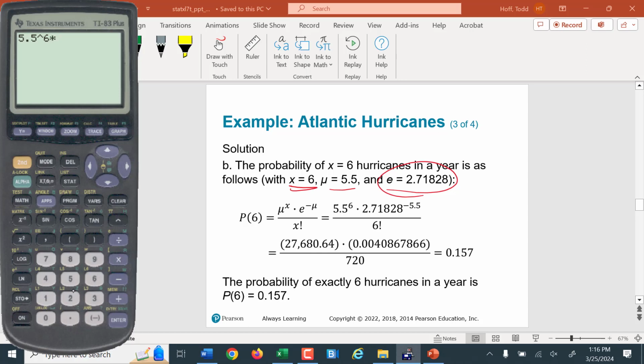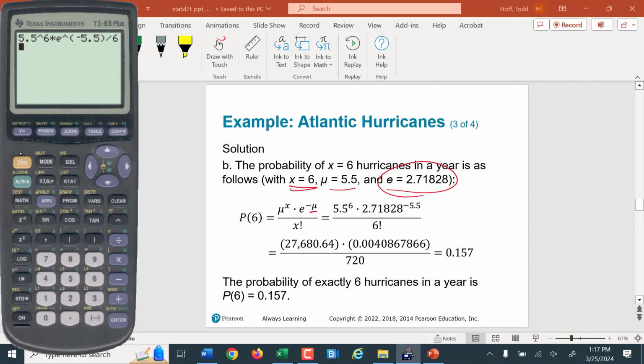Now where to get the e? You can see above the ln key, there's e to the x. So do second, e to the x. That's e to the power of. That's exactly what we want. Now you have to remember to put in the negative here. It's negative mu, so negative 5.5. We close the parentheses on that. Then we have to divide by x factorial.